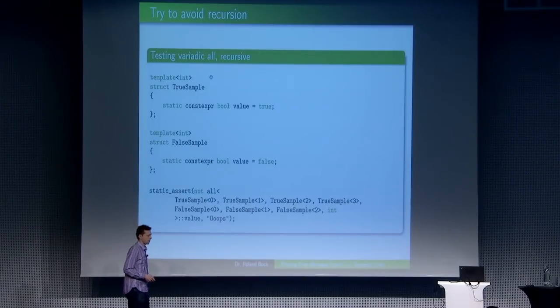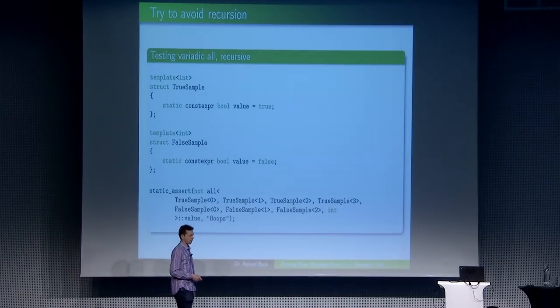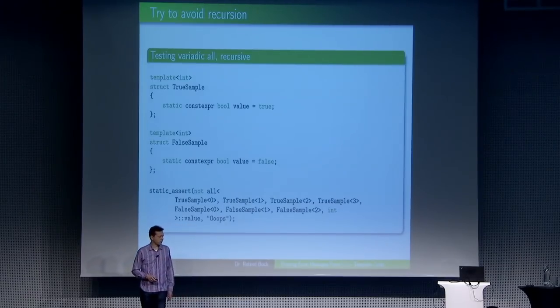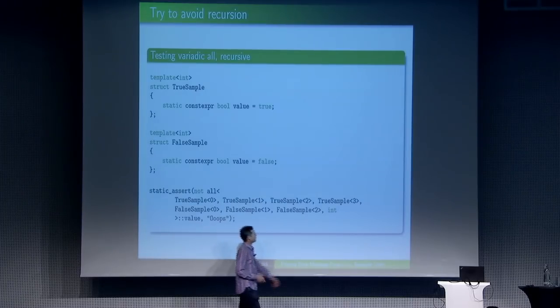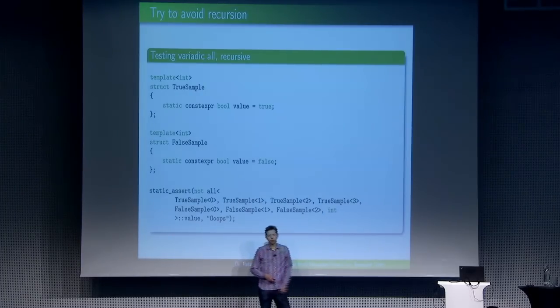Right. Now, let's use an example. We have true sample and false sample classes. One has a value of true, one has a value of false. We create an instance of this all and put that in a static assert and see what happens. And as you may have noticed, one stupid person entered an int here.